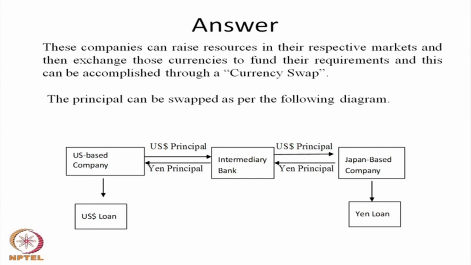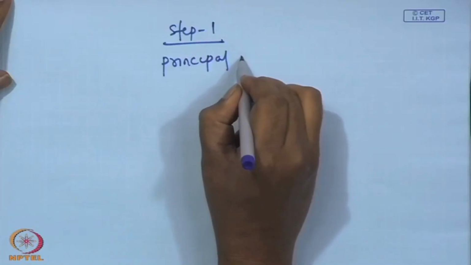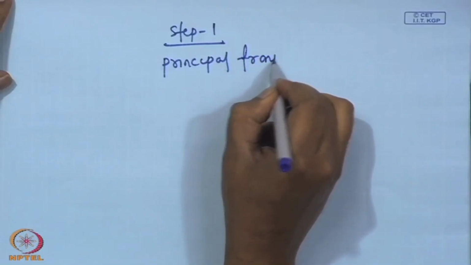If you see the process here, first the principal transaction may take place. So, principal transaction, first phase, step 1. The principal transaction will take place in step 1.